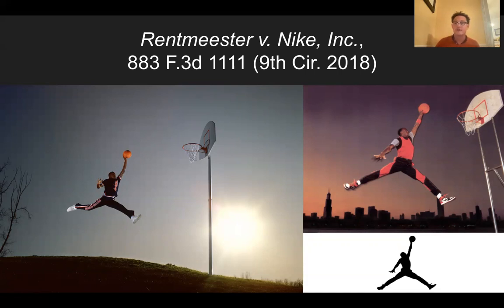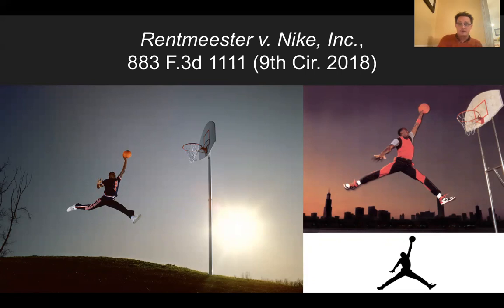Now, are the 2 photographs similar? Sure, they're similar, right? But the court says, look, we have to analyze the elements of the photo that were actually copied to see if those copied elements constitute protectable elements. And what does it do? It filters out certain elements, right? It says, well, you can't own an exclusive right over abstract elements of the photo.